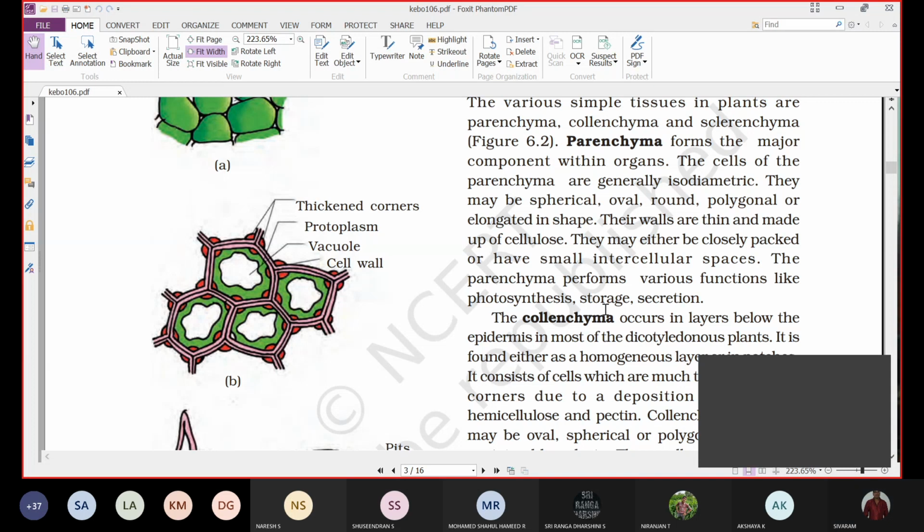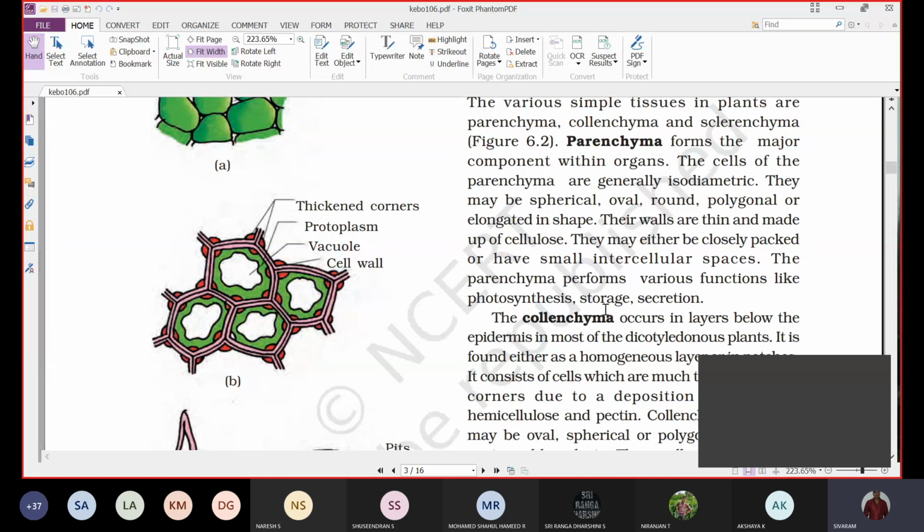Parenchyma. Parenchyma forms the major component within organs. The parenchyma is the major type of tissue among the living tissues in a plant.